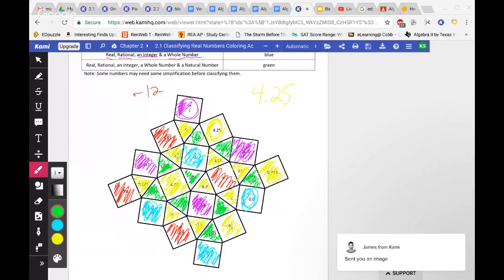But I know that whole numbers are 0 and everything above that. Integers are everything on the number line that doesn't have a decimal after it, negative and positive. And counting or natural numbers start with 1 and go to infinity.